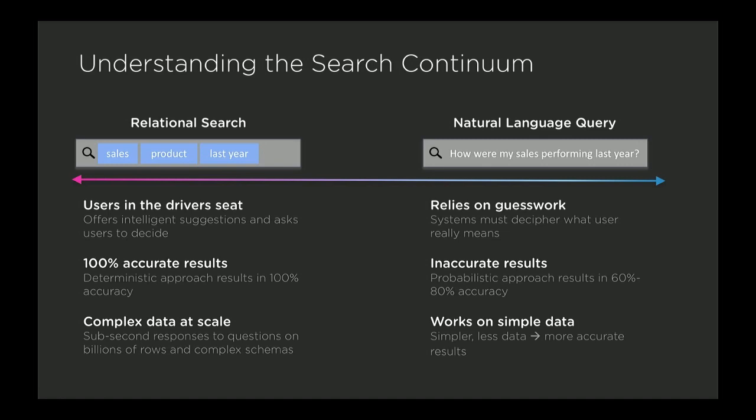For lack of a better term, we call that disambiguate. So the user can make that decision and ask the question that the user really has in mind.